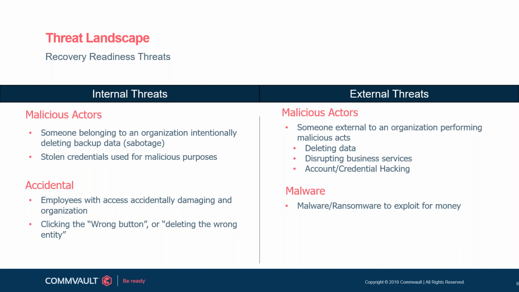As you can see on the slide, there are internal and external threats, and these are becoming more and more common reasons for DR. Internal threats include a malicious actor from the organization who intentionally deletes data or steals data or credentials, or in some cases it's accidental. There's always some space for human error, accidental deletions, accidentally pressing the wrong button, etc.